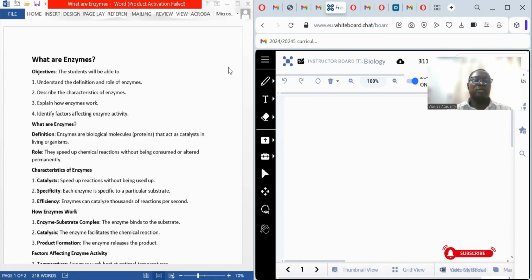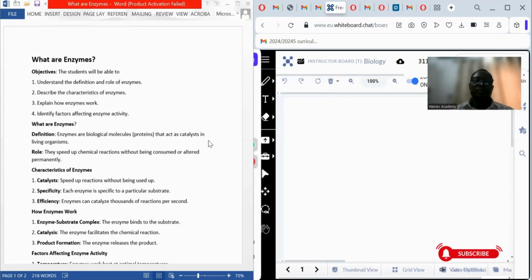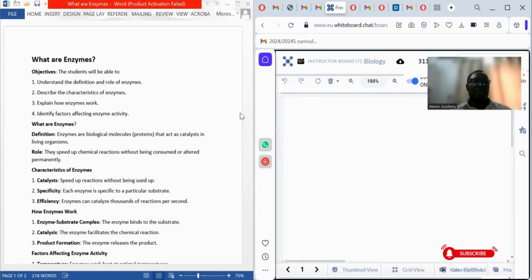So it can also be said to be a biochemical substance that speeds up chemical reactions within the body of an organism without being consumed or used up. So enzymes are biochemicals that speed up chemical activities in the body of living organisms, and they are not altered or used up.